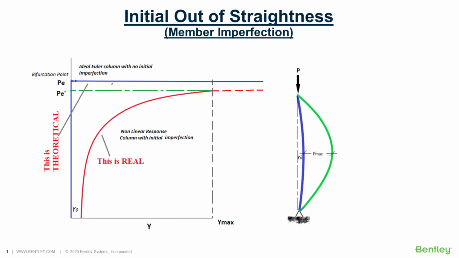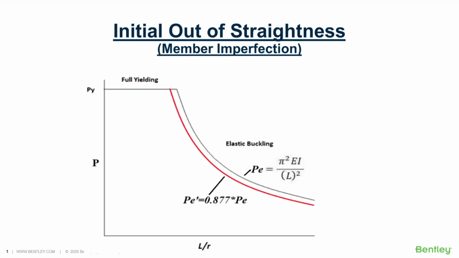And statistically, they came up with a calibrated factor of 0.877. Now, due to the time limitation, we could not discuss more on this, but maybe in some other webinar, we'll throw some light on this detailed derivation. So that's the reason in the AISC column curve equation, we can see the buckling curve as 0.877 times the actual Euler buckling load.